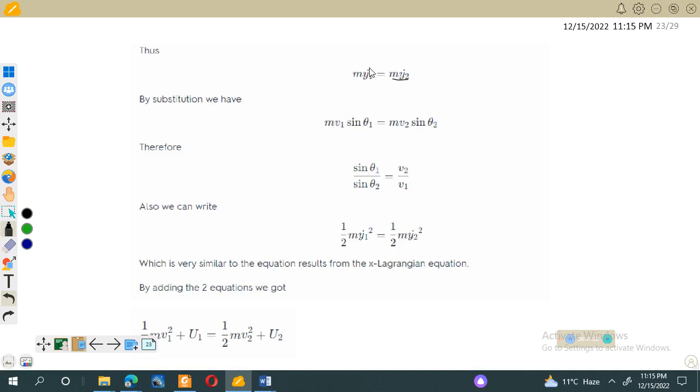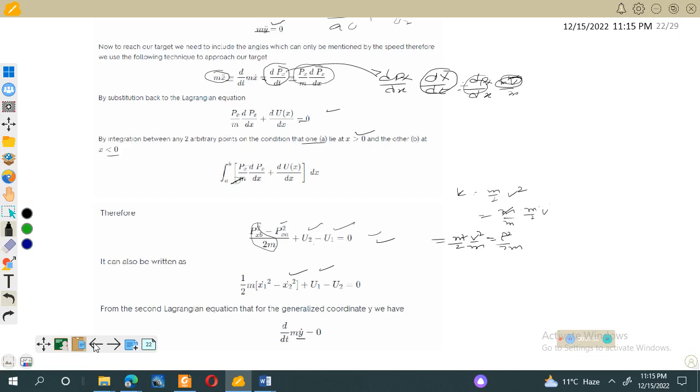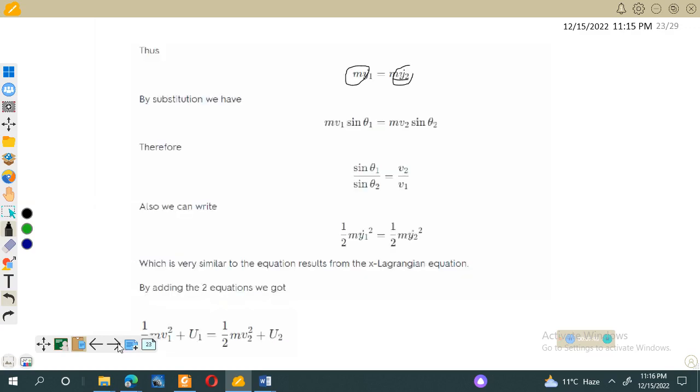So by substituting my1 dot and my2 dot back into our previous equation, it will give us mv1 sin theta 1 and mv2 sin theta 2. Thus if we evaluate this, sin theta 1 over sin theta 2 is equal to v2 over v1.